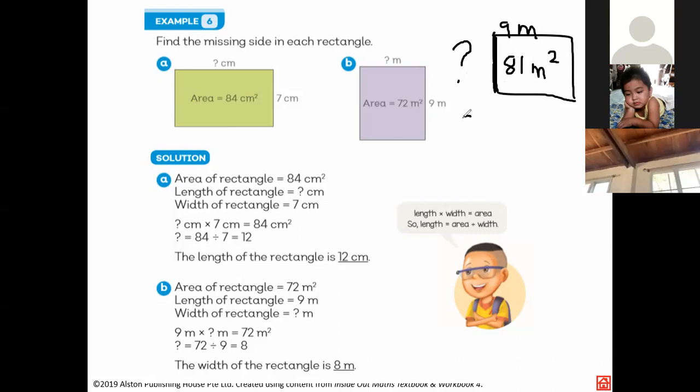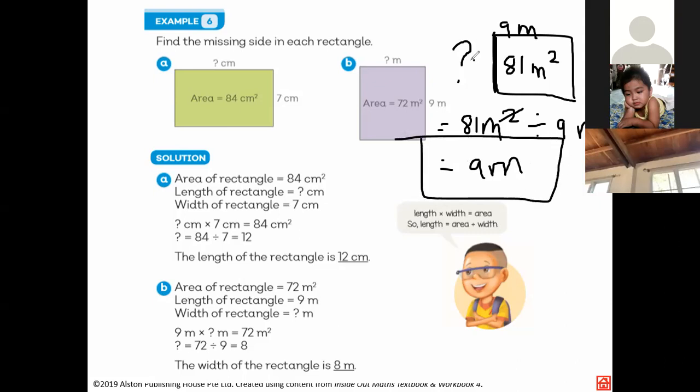Okay, very good. So that's 81 meters squared divided by 9 meters. So you cancel the squared. So that's going to be 9 meters. So this one is 9 meters.